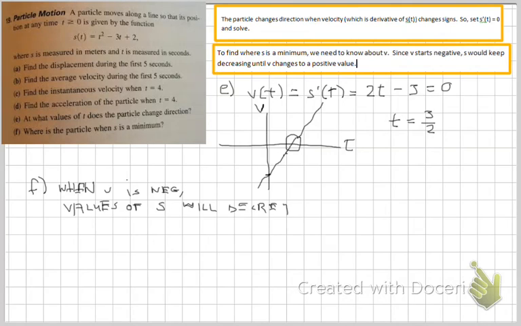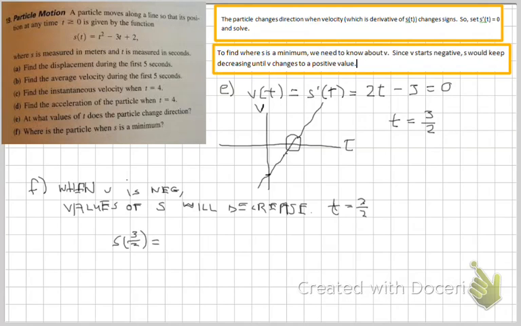So basically when we look at the values on the line here, they'll keep decreasing until you reach t equals 3/2, at which point they'll be positive, and so at this point, you have to calculate s at 3/2, and that'll give you your position at 1.5 seconds.